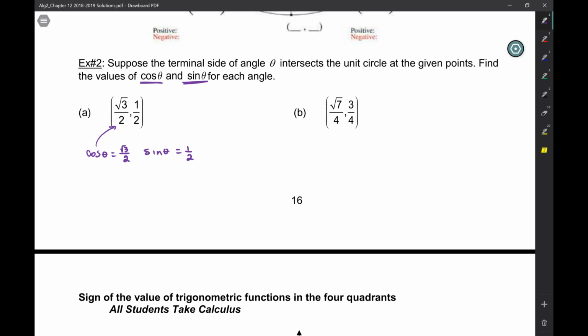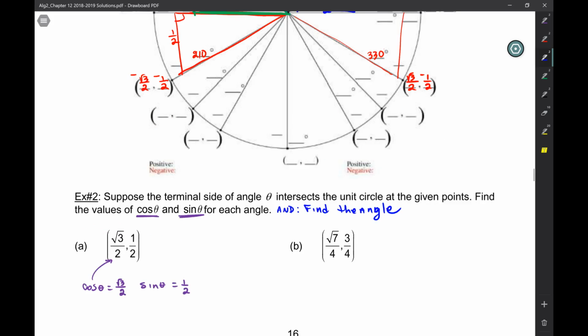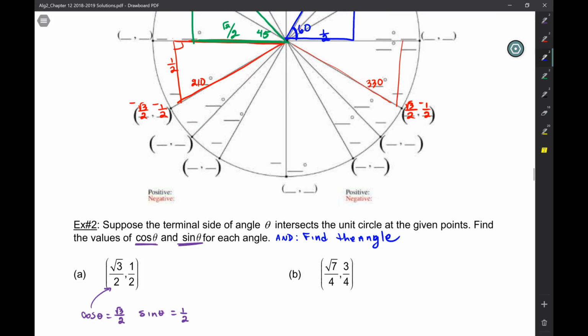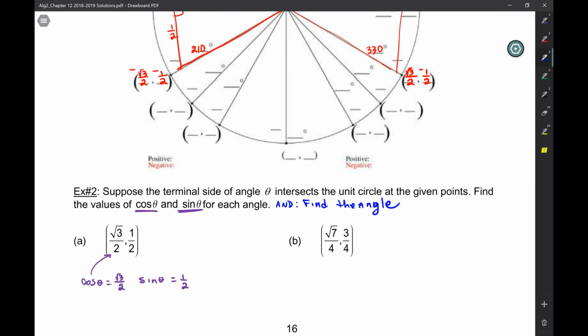Now, I'm going to add to this and find the angle. This is going to be on your handout today, so let's do it. So find the angle. For which angle is it root 3 over 2 and 1/2? 30.